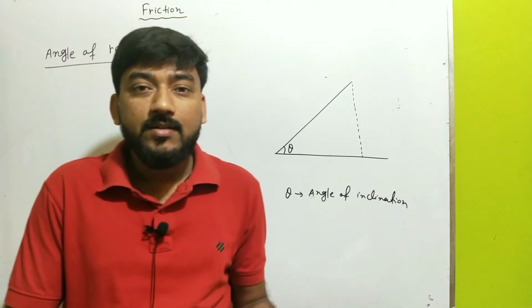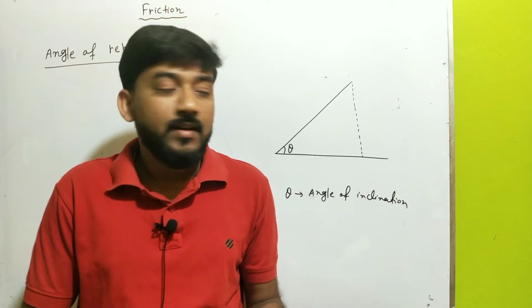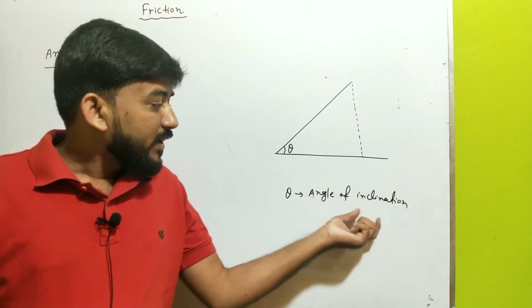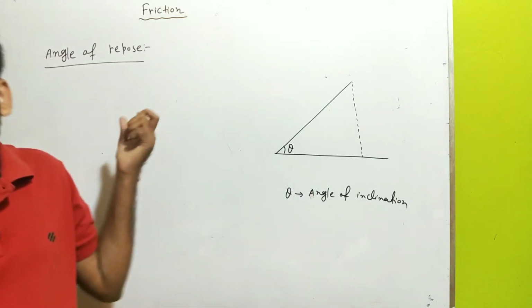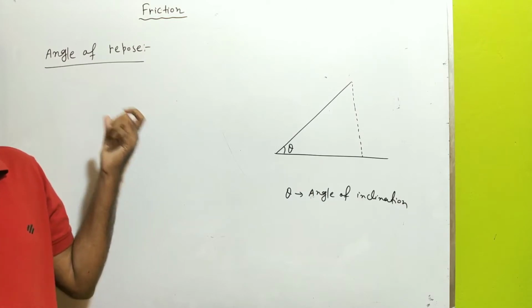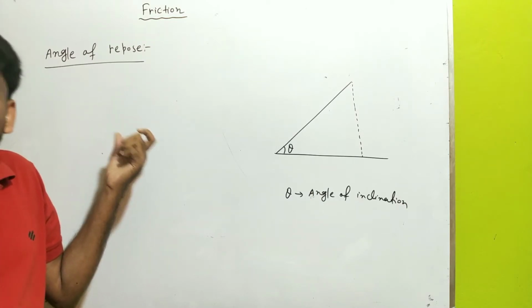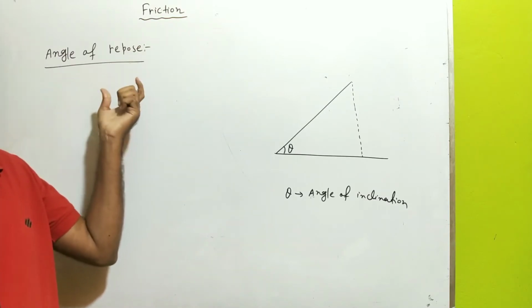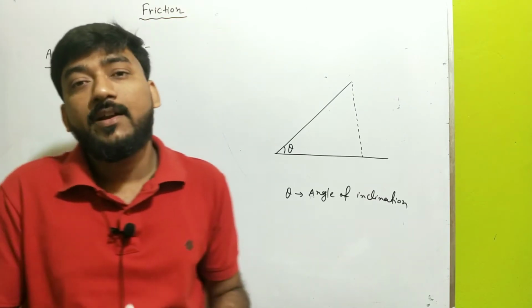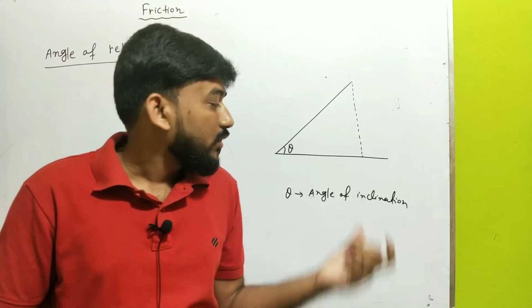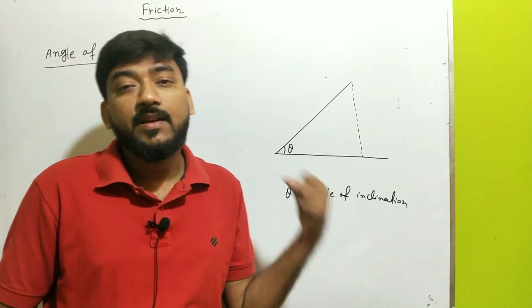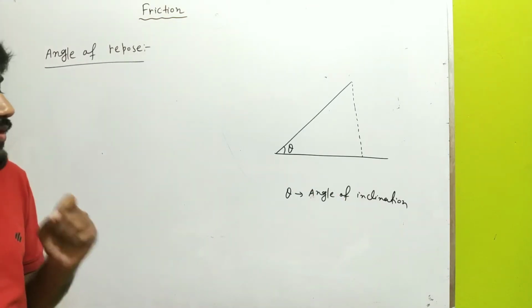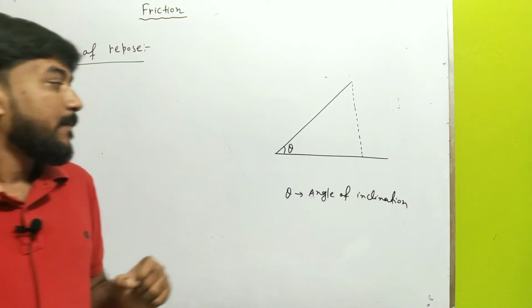In a particular situation we can call the angle of inclination the angle of repose, but the angle of repose is not always the angle of inclination. So now let me discuss this angle of repose.